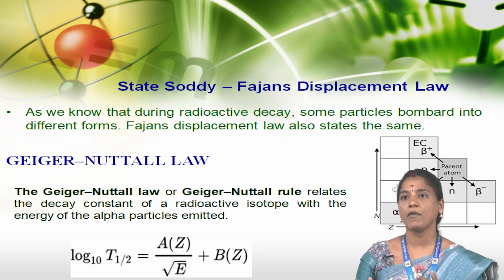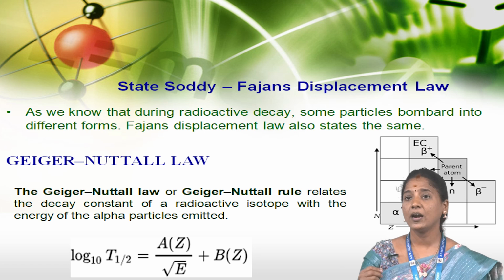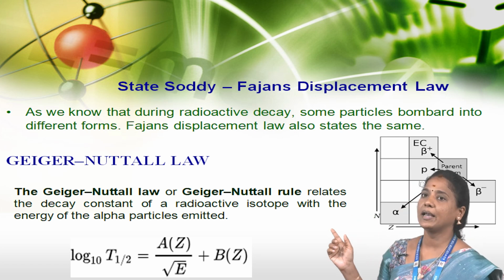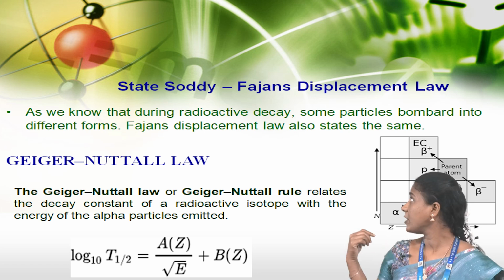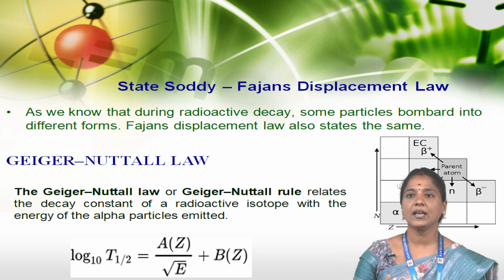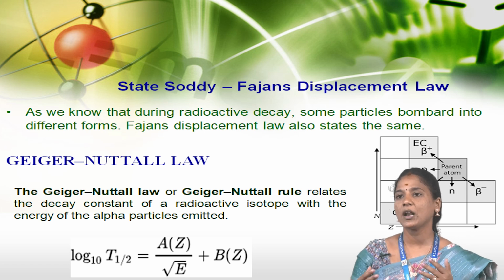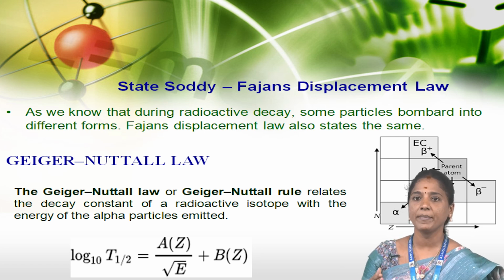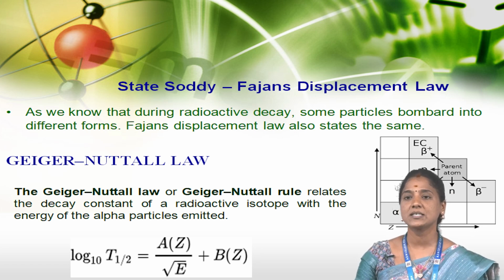In its modern form, the Geiger-Nuttall law is log10 T1/2 = A_Z / root E + B_Z. Here T1/2 is the half-life, E is the total kinetic energy of the alpha particle and the daughter nucleus, and A and B are coefficients that depend on the isotope's atomic number Z. The law works best for nuclei with even atomic number and even mass number. The trend is still there for even-odd and odd-odd nuclei, but it is not as pronounced.